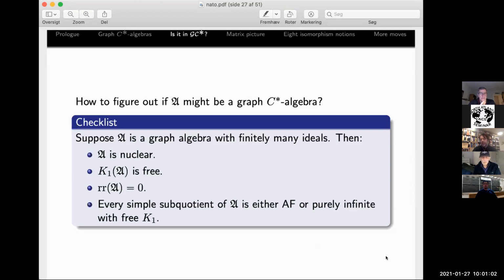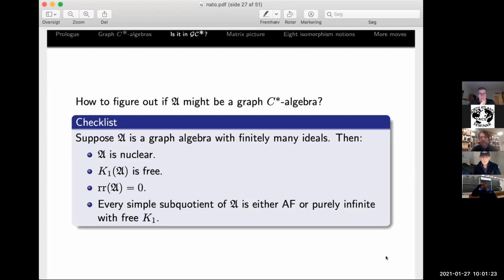And this happens very often, even if you go back to the Cuntz algebra, right? There's many ways of describing O2 that maybe don't look like O2 a priori, but it turns out to be isomorphic to O2. And this is sort of a generalization of this property.